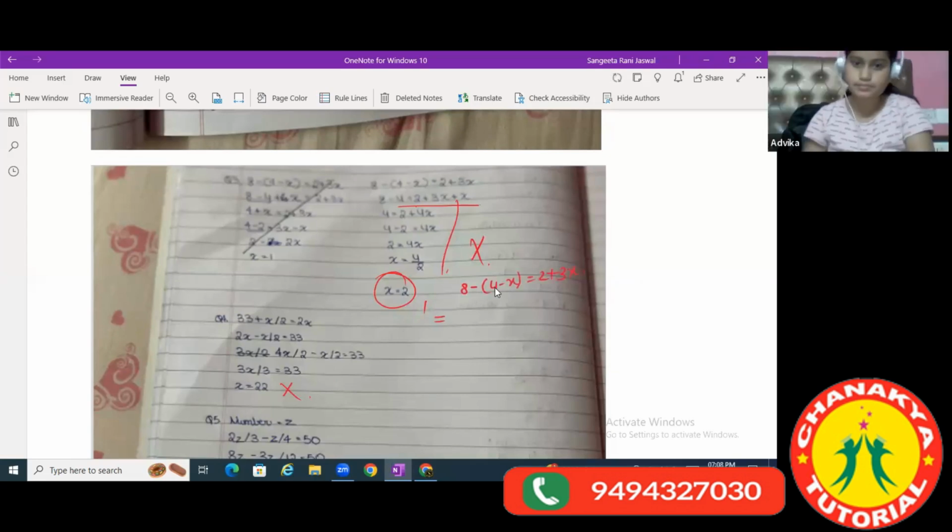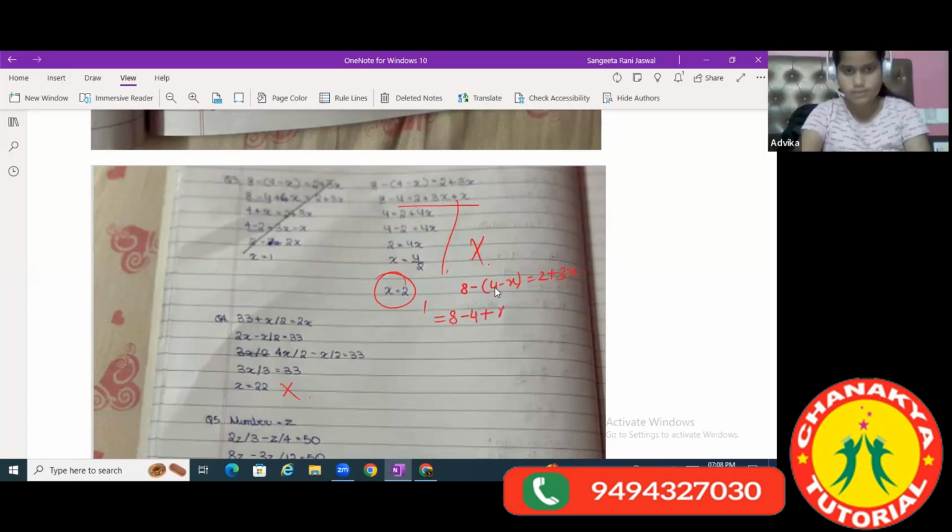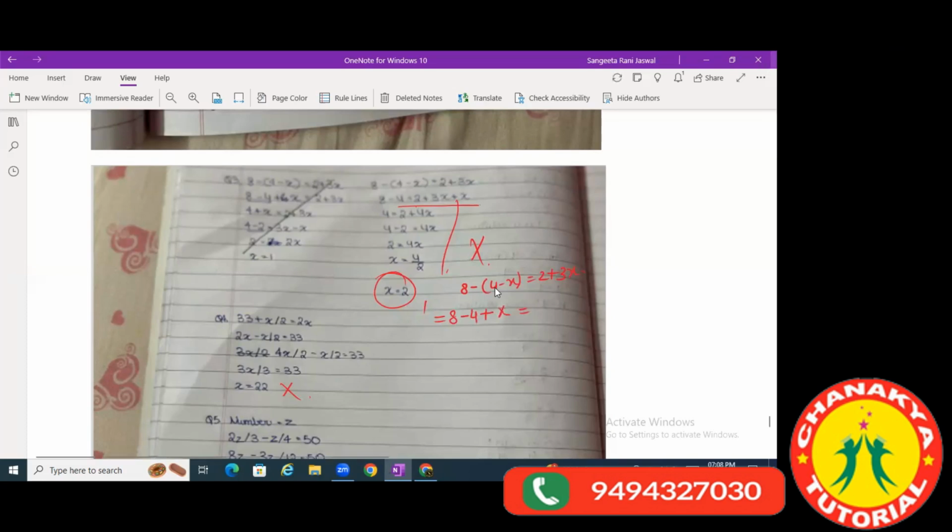Now this minus sign is outside the bracket. When you multiply it inside the bracket, it becomes minus 4, and minus x becomes plus x. On the right hand side, we have 2 plus 3x as it is. Now 8 minus 4 will be 4 plus x equals 2 plus 3x.